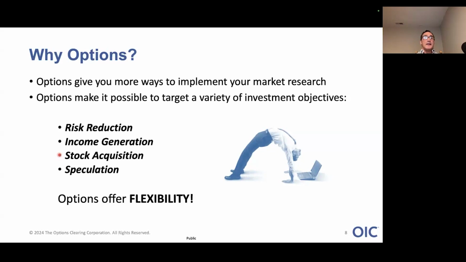This is called the cash secured put. Every option is the right to either buy or sell 100 shares of stock, and people will use options to try and profit on a bullish move, a bearish move, or if the stock just stays flat and does nothing. Okay, so options offer you flexibility.